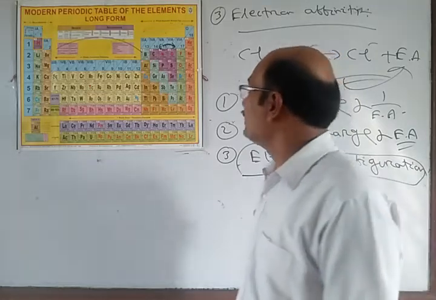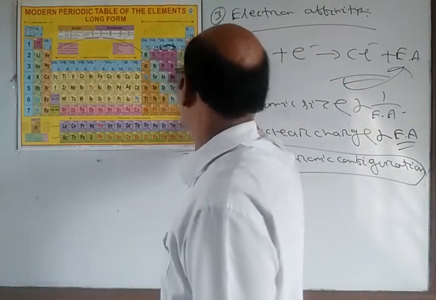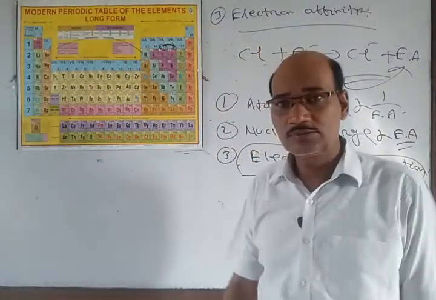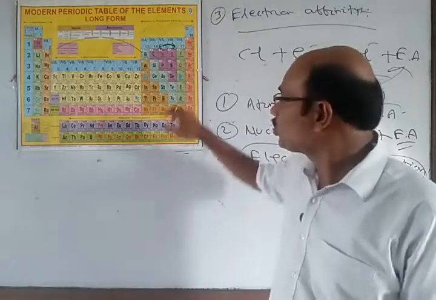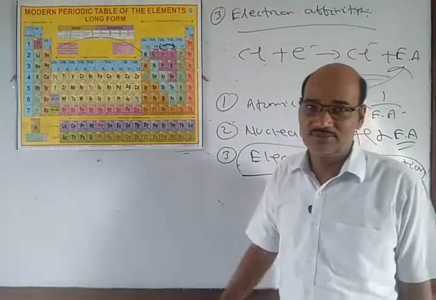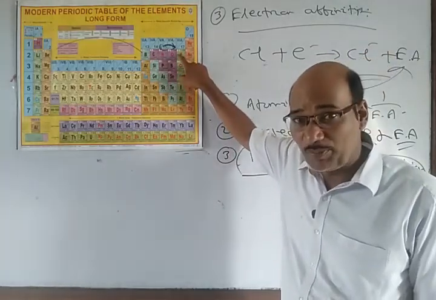However, if I compare fluorine and chlorine, the electron affinity of chlorine will be more than fluorine. That means fluorine has lower electron affinity as compared to chlorine.